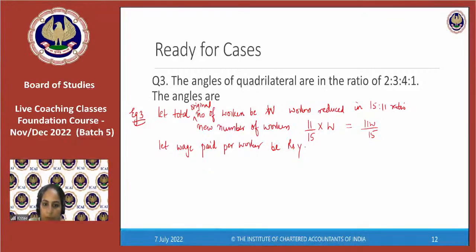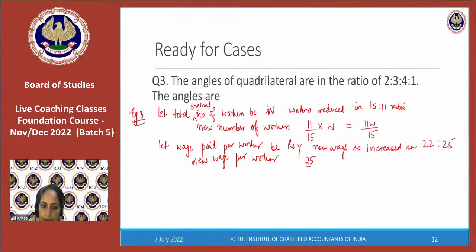If the wage paid per worker is Y rupees, the new wage is increased in the ratio 22:25. So the new wage per worker will be equal to, now you will give me this answer, 25 by 22 times Y. Are you understanding this?